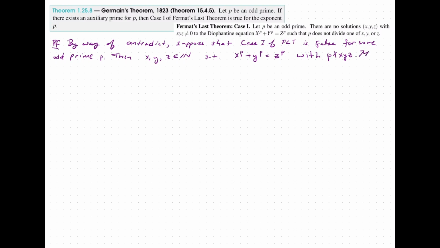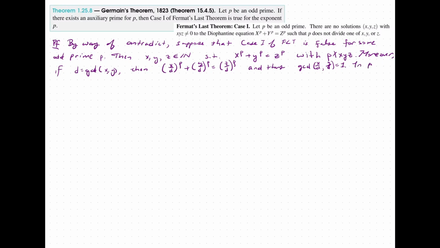So moreover, if D is equal to the GCD of x and y, then we have that x over D to the p plus y over D to the p is equal to z over D to the p, and thus the GCD of x over D, y over D is equal to 1.